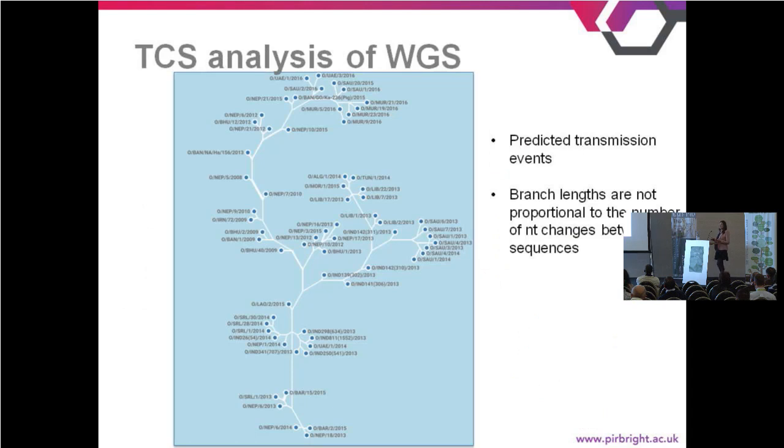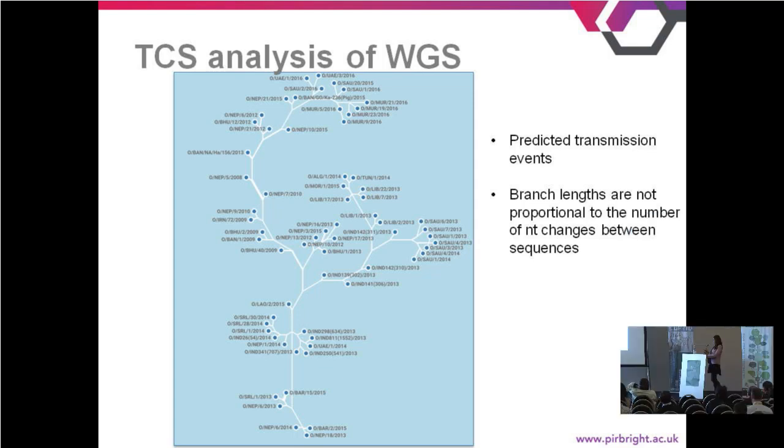This is another type of analysis that we have confirmed, called a TCS analysis, based on the full genome sequence. And this type of analysis is very useful for tracing outbreaks and is based on the nucleotide differences and the quality or character of these differences between samples.